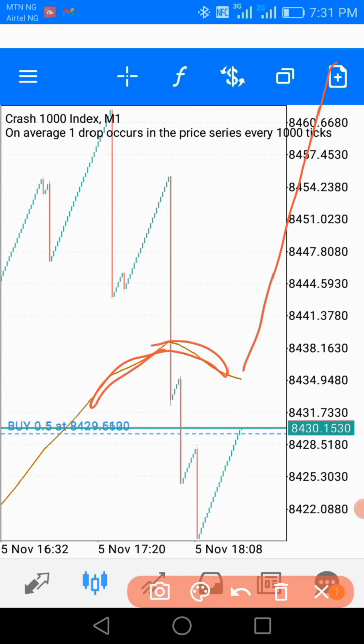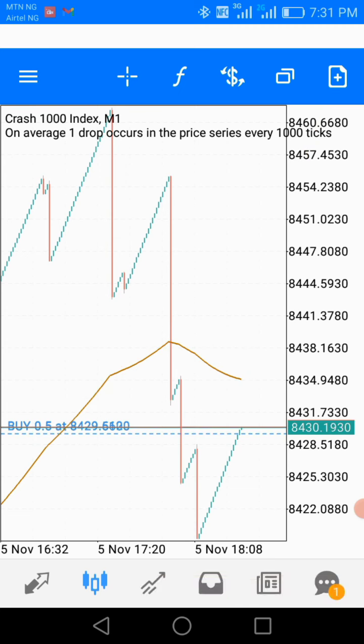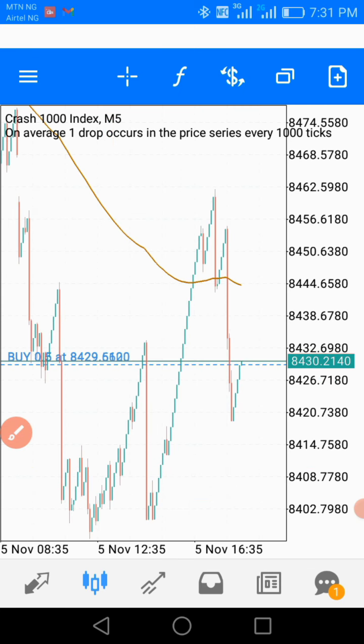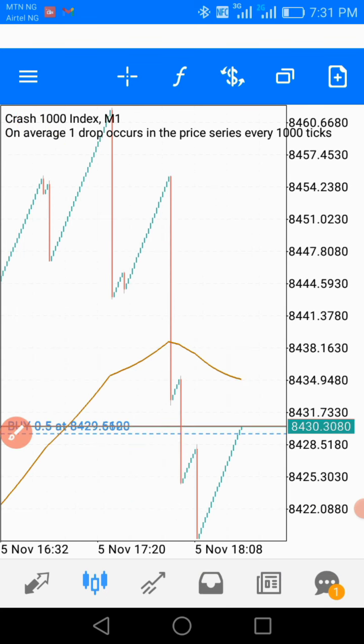And for it to cross it, it may not just cross it right away. Looking at the alignment, in all time frames the moving average is actually above price. Now it is going to start testing the moving average. From M1, it is going to test this. It's going to retest this.